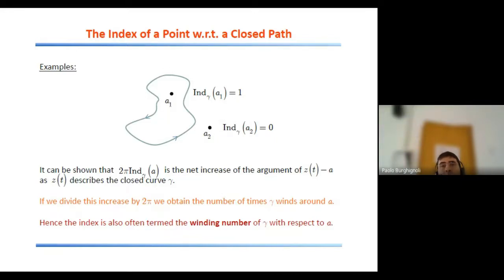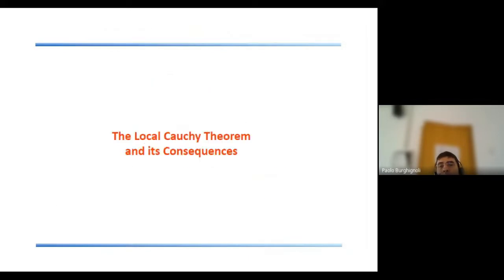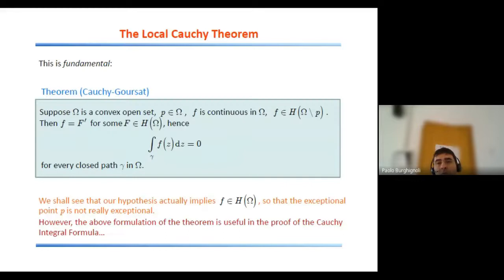Well, the index of the point enters in the formulation of what is probably the most fundamental theorem of the entire subject of complex analysis, which is the so-called Cauchy Theorem, which we'll now start to examine in its local form. In the second part of the lesson, we will also see its global form. This is the statement of the Cauchy Theorem in its local form.